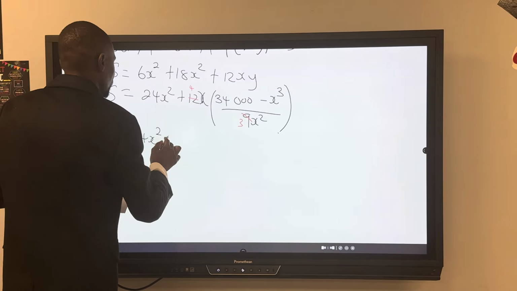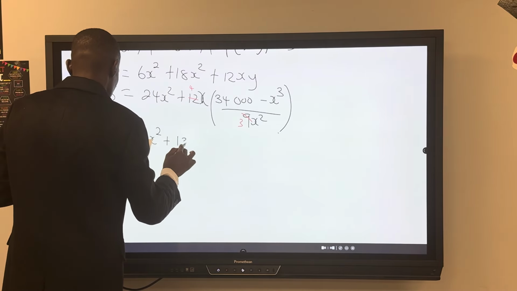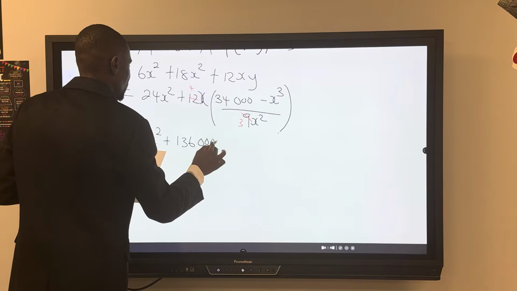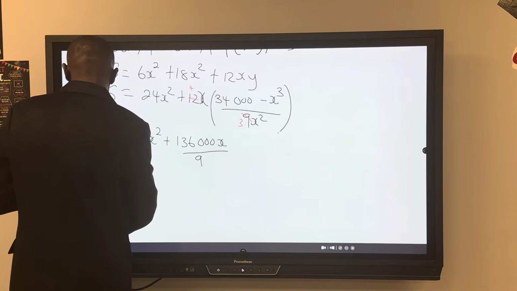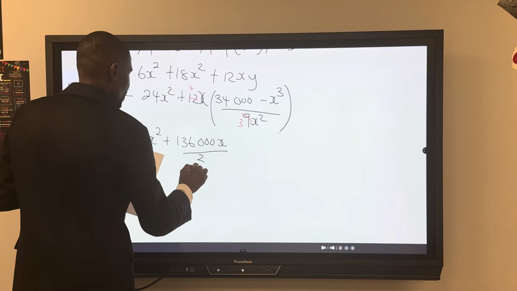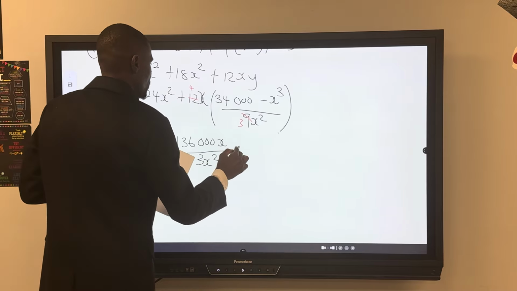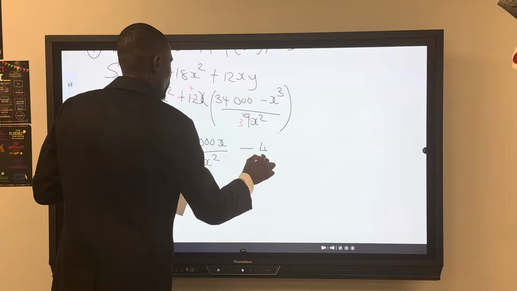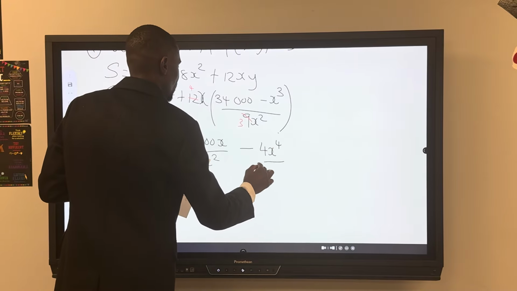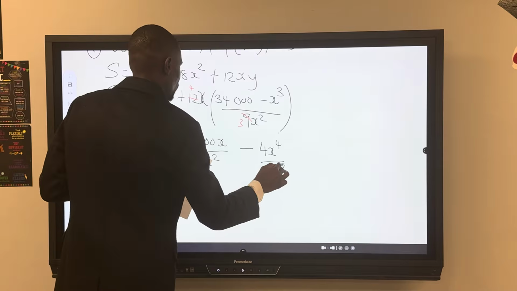It's going to be plus 136,000x over 3x squared, minus 4x to the 4th over 3x squared.